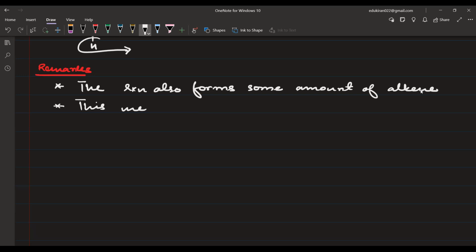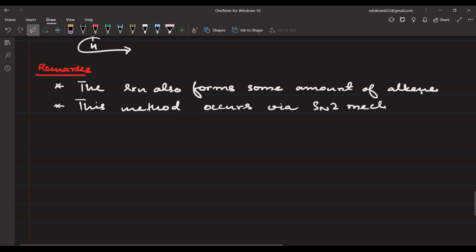This method occurs via SN2 mechanism. So what is beneficial here? This is suitable for the preparation of ethers from primary alcohols.